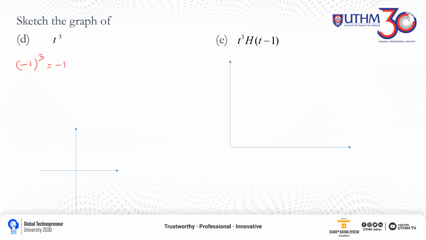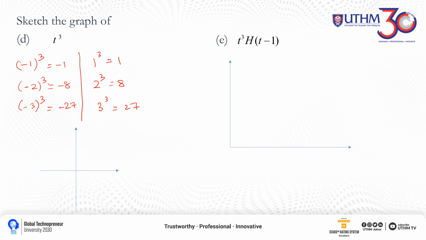And then -2 to the power of 3, I get -8. And then let's say I have -3 to the power of 3, I have -27. For positive values, let's say I have 1 to the power of 3, I get 1. 2 to the power of 3, I get 8. And 3 to the power of 3, I get 27.